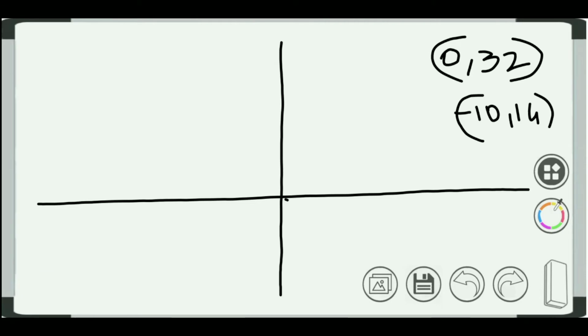Since we have bigger values like 32, 14, 10, I'll take 5, 10, 15, 20, 25, 30, 35 like this.